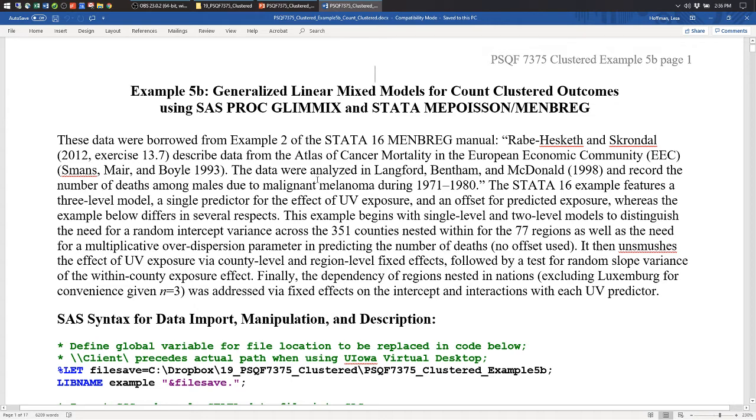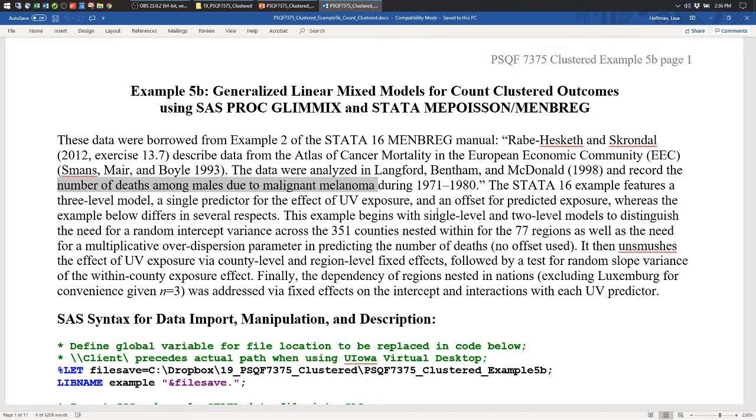So the outcome is the number of deaths among males due to malignant melanoma, so skin cancer. These are multiple counties nested in regions, which in turn are nested in nations. So they modeled it as a 3-level example.